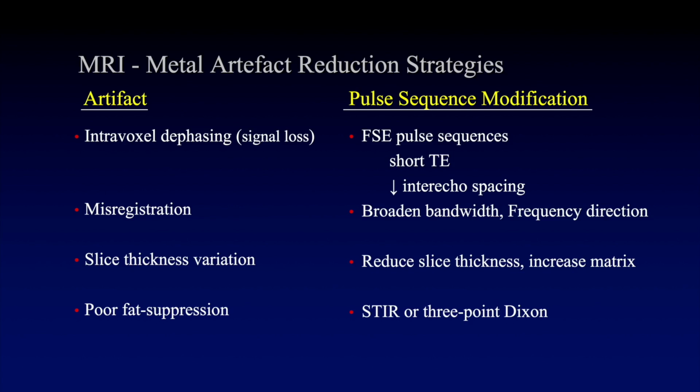Artifacts such as the signal loss and intravoxel dephasing seen around metal devices, severe misregistration or susceptibility artifacts, slice thickness variations that occur in the setting of metal and local perturbation in the magnetic field, and poor fat suppression techniques.